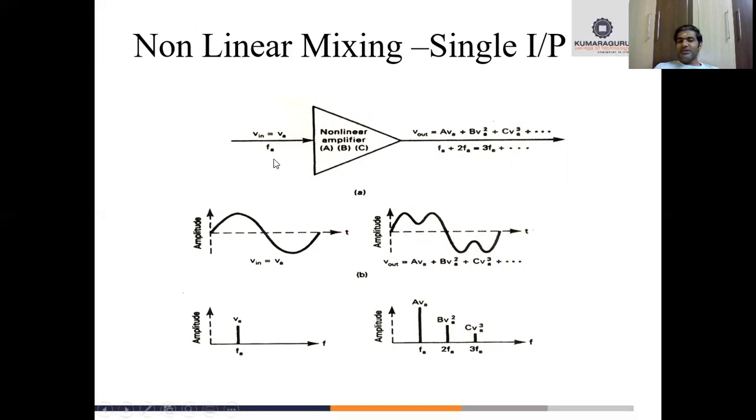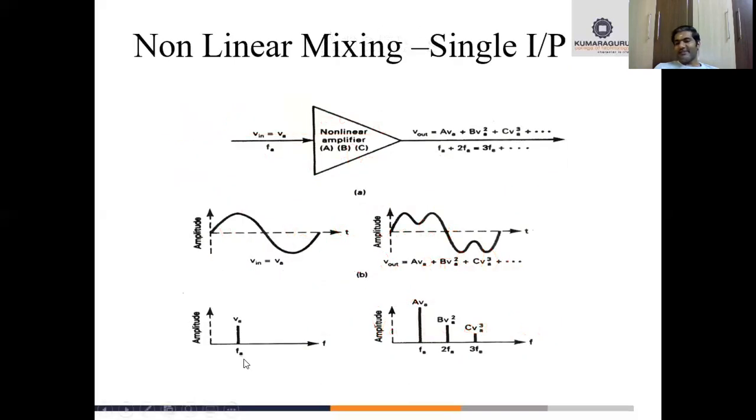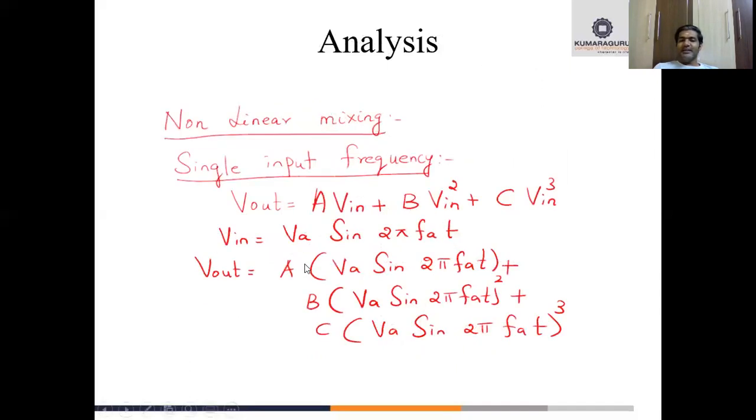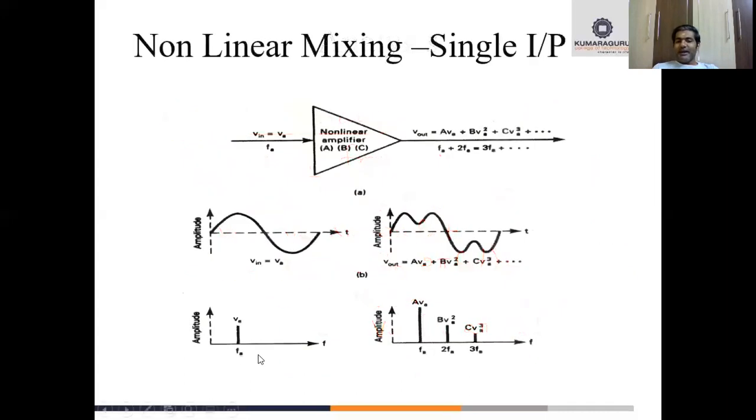At your input there is only one frequency. See, the input is VA sine 2 pi FAT, so you have a component only at FA. That is linear mixing with a single input. The important observation here is that new frequency components are generated. My input frequency is only at FA, but in my output I have frequency components at FA, 2FA and 3FA.